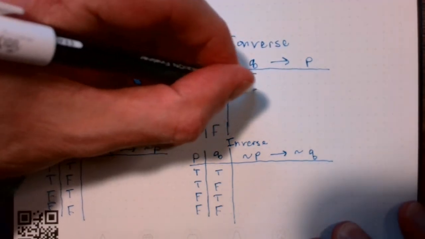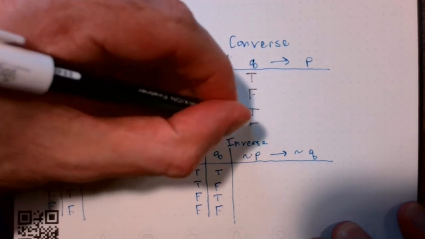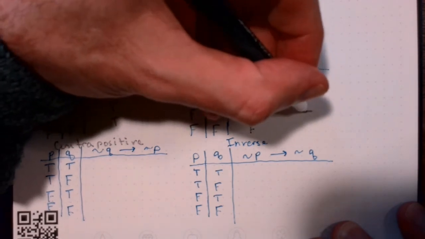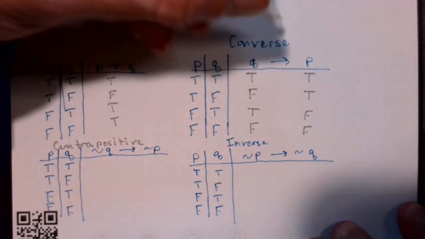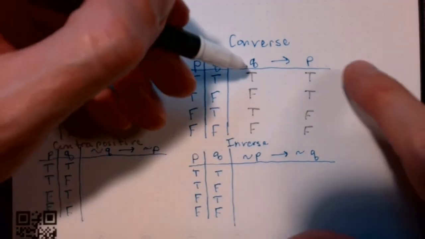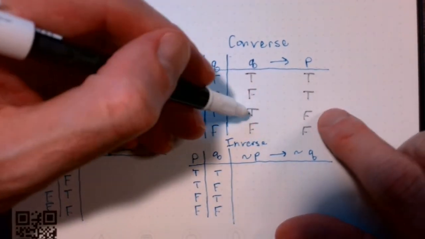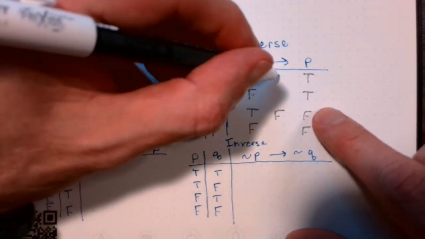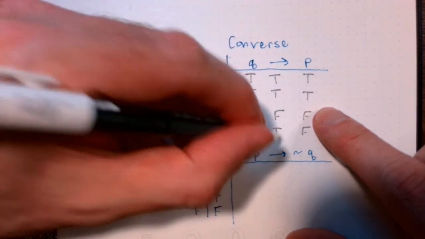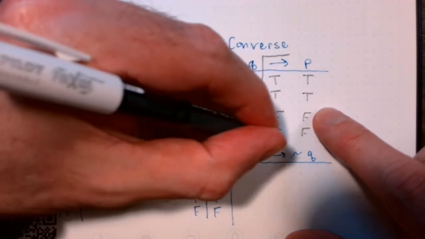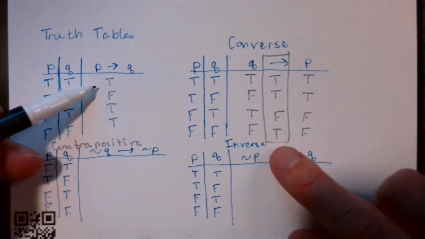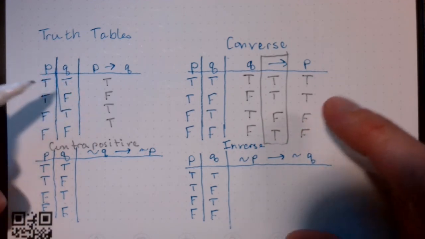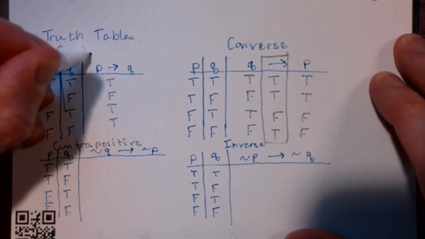Let me copy down the values for Q and the values for P, and then apply this arrow operator. The only time we get a false is when the antecedent is true but the consequent is false. Every other time it's a true. So this is the truth table for the converse. Note that the values are different. That shows that the converse and the original conditional are not equivalent statements.